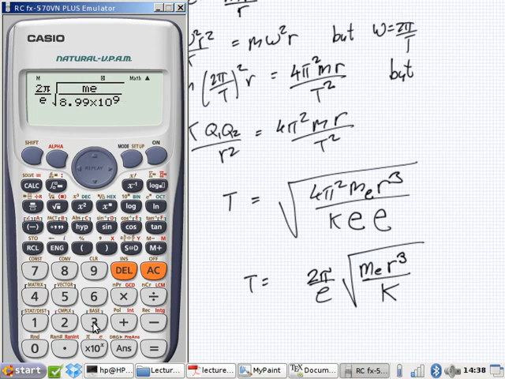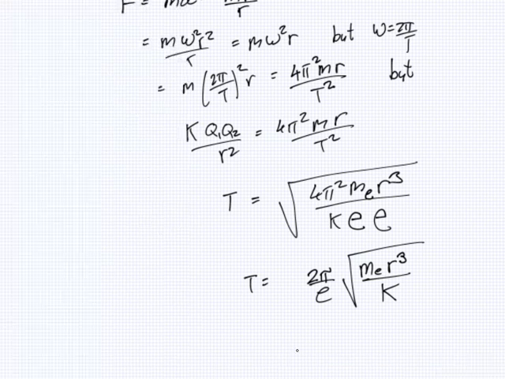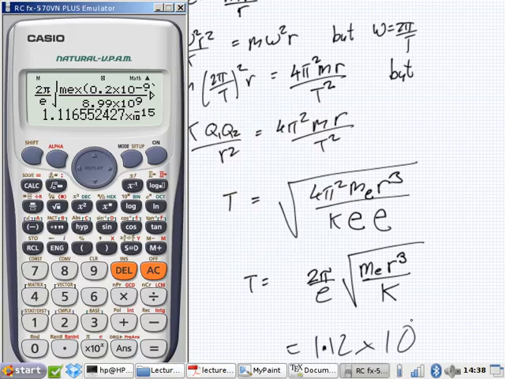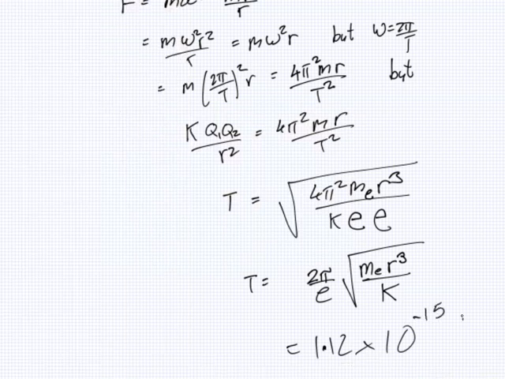And this is r cubed, 0.2 times 10 to the power of minus 9. Now maybe your answer's right. We'll find out right now. It is. Good job. That's very cute. 1.12 times 10 to the minus 15 seconds.